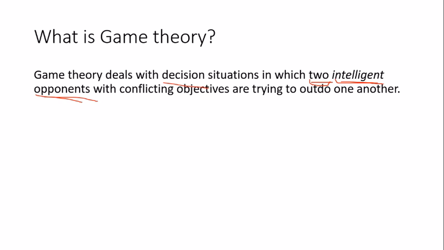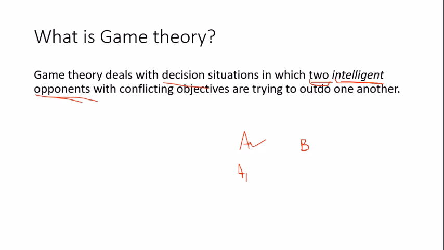And the meaning of the word intelligent here is that it is assumed that each opponent will play rationally, intelligently and logically. So let's elaborate on it more. For example, there are two players involved, say one player is A and the other player is B. Suppose player A knows that if I choose my first strategy, let's call it A1, I'll get into the meaning of the word strategy in detail later, but let's just understand it like that.